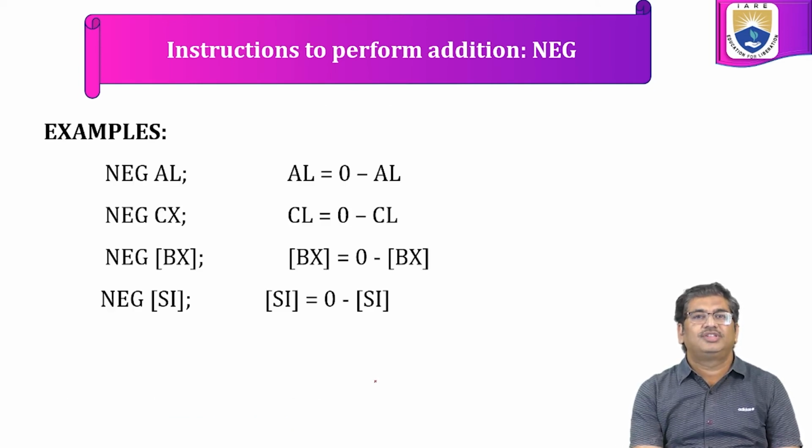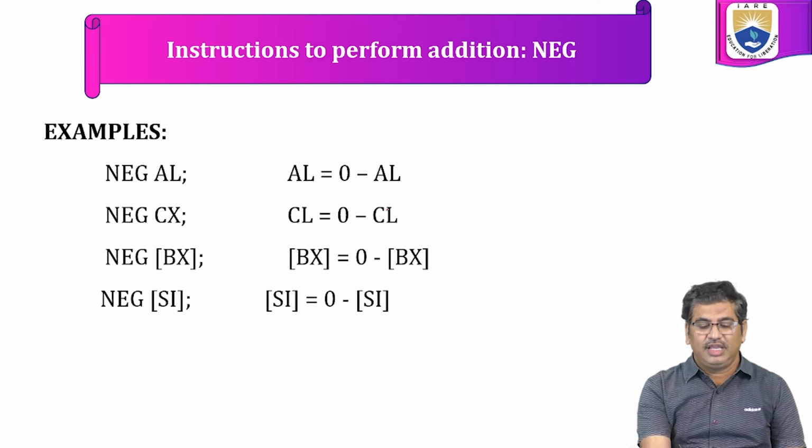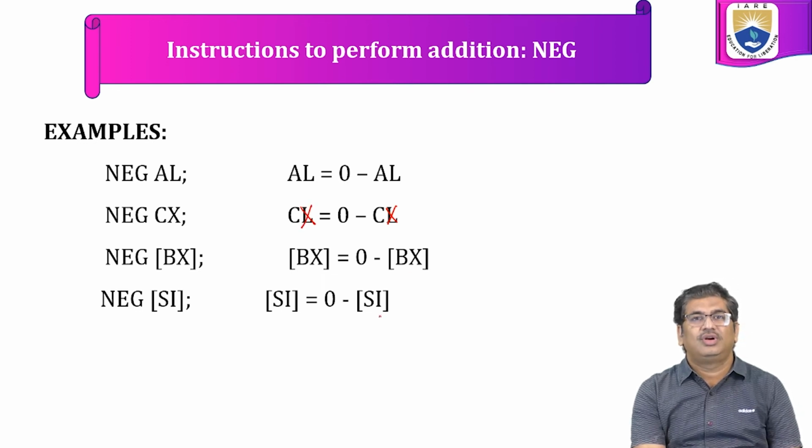The examples for the negate instruction are NEG AL. Here the AL register contents are subtracted from 0 and the result will be stored in the AL register. NEG CX. Here the CX register contents are subtracted from 0 and the result will be moved into the CX register.